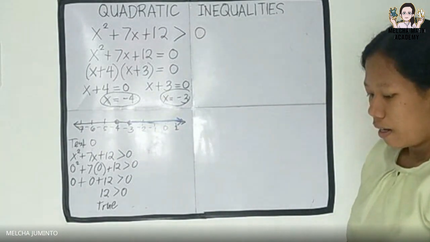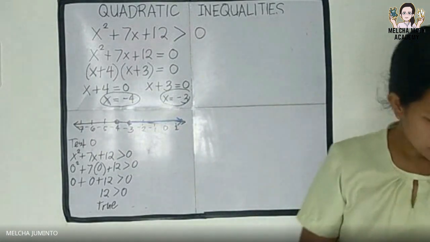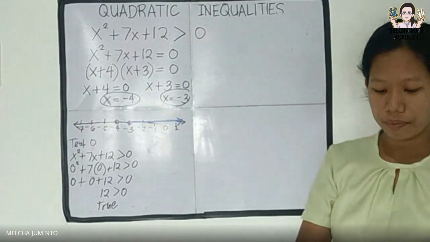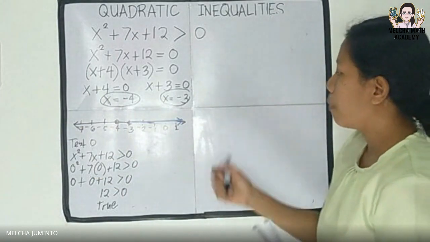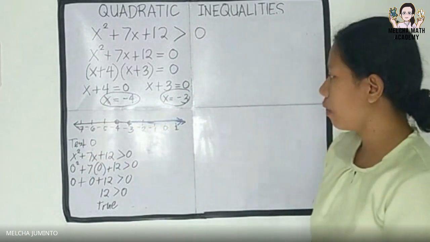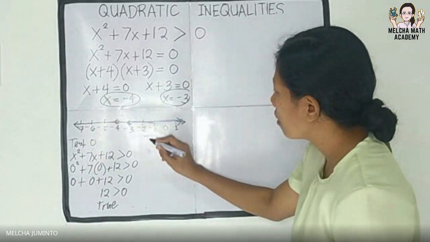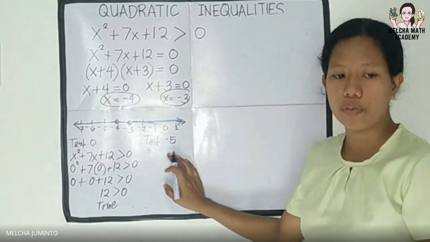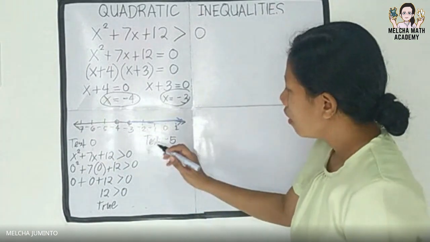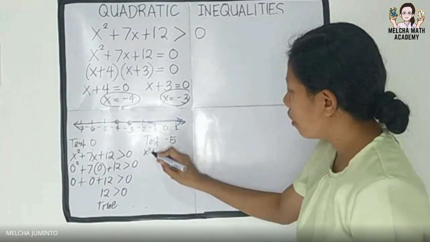Now, let us try, this time I will pick any number to the left of negative 4. I will test negative 5. So, I will replace x with negative 5 in the original inequality.